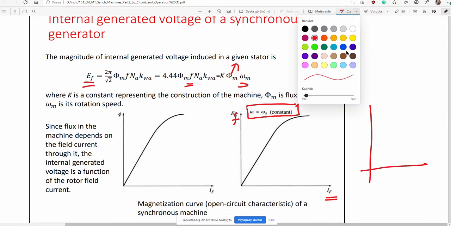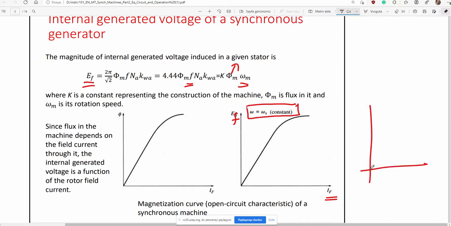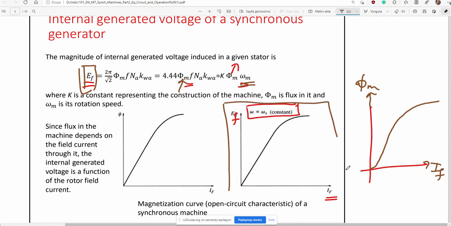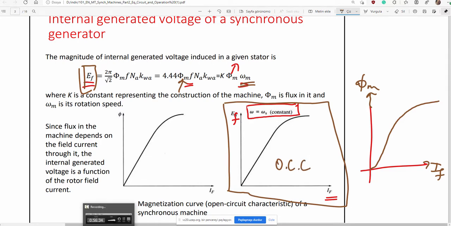Let me make it more clear. Here is a little curve, then it goes linear, and then it saturates. That is the relation of field current and flux, and that magnetic flux will result in some EMF under constant speed. That is called the open circuit characteristic of the machine.